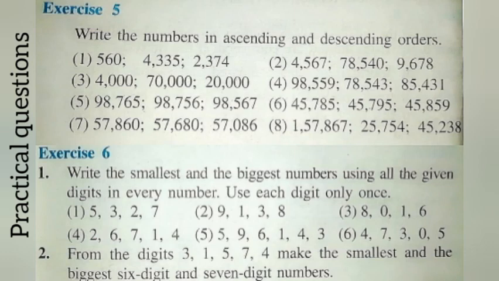Convert these into the smallest and biggest, using each figure just once. Below that, smallest and biggest. The second question is about making the smallest and biggest 6 and 7 digit numbers from these figures.